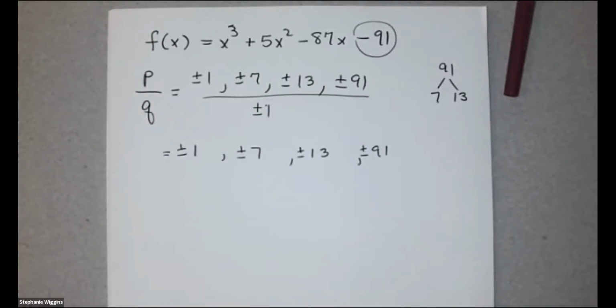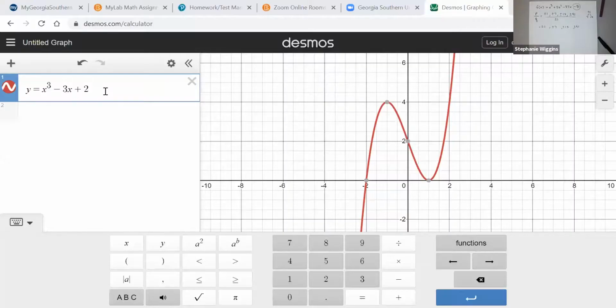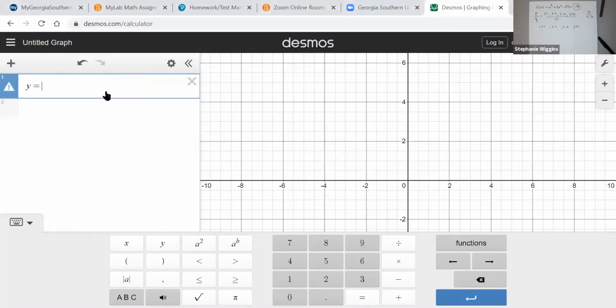And let me show you, let's just go into Desmos. By the way, graphing calculators are very useful for this stuff, but if you don't have a graphing calculator, I always design my tests so that you don't need a graphing calculator. I try to make my tests very conceptual, and I'll provide graphs on the test.